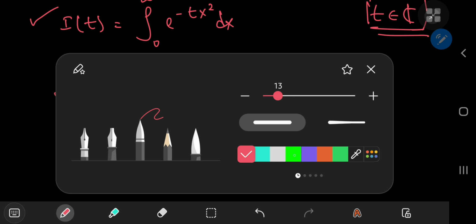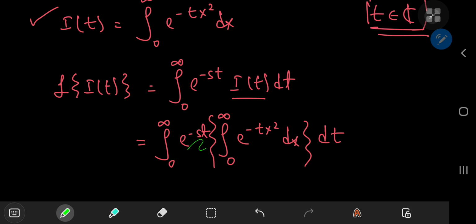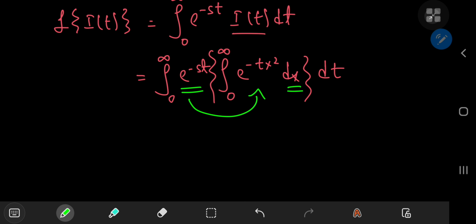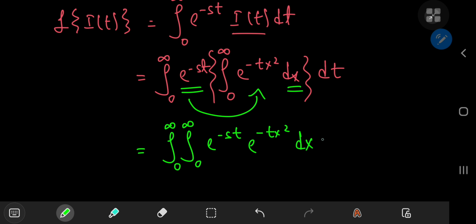Now notice first up that this exponential term here is independent of x, so you can just slip it inside the integration with respect to x operator. So you now have a double integral from 0 to infinity of e to the negative st times e to the negative tx squared, integration first being carried out with respect to x and then with respect to t.